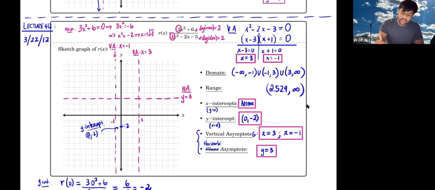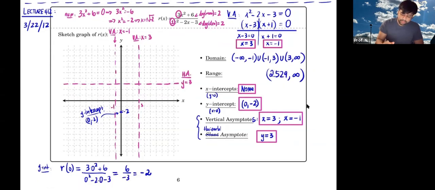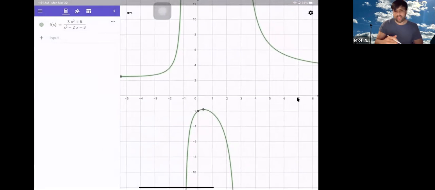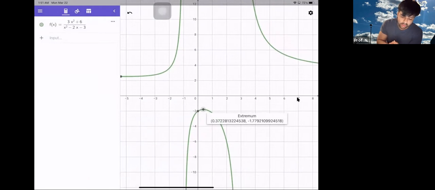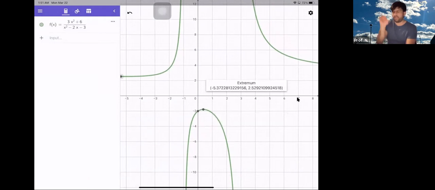That's the range. But then we notice as well that there's a middle portion here, and the highest y value here is at negative 1.779. So there's this gap between this point and this point. This is the smallest point for the first and the last graph, and this is the highest point of this middle graph.